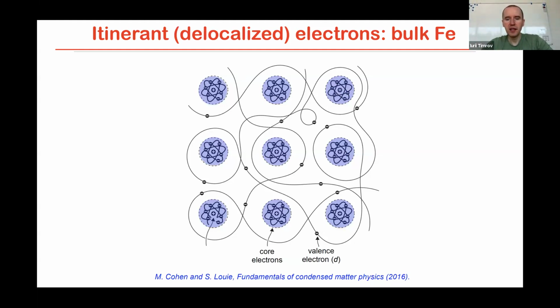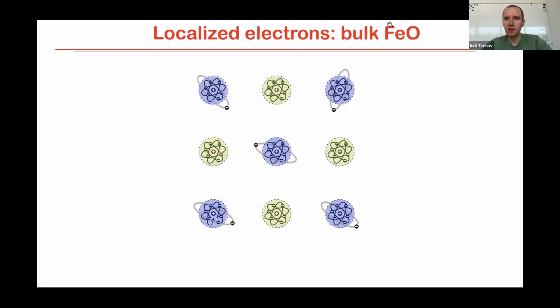Now, if we take iron and combine it with oxygen, so now we have bulk iron oxide, the picture is completely different. Now we don't have those flying electrons. Now they became localized. You see now this external electron, they're orbiting around iron atoms. And this material is actually an insulator.